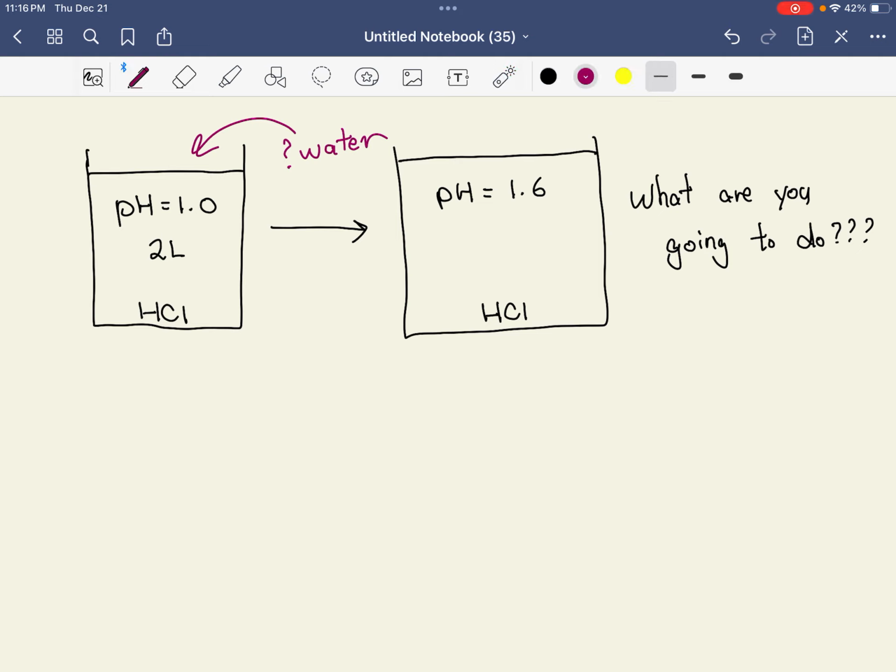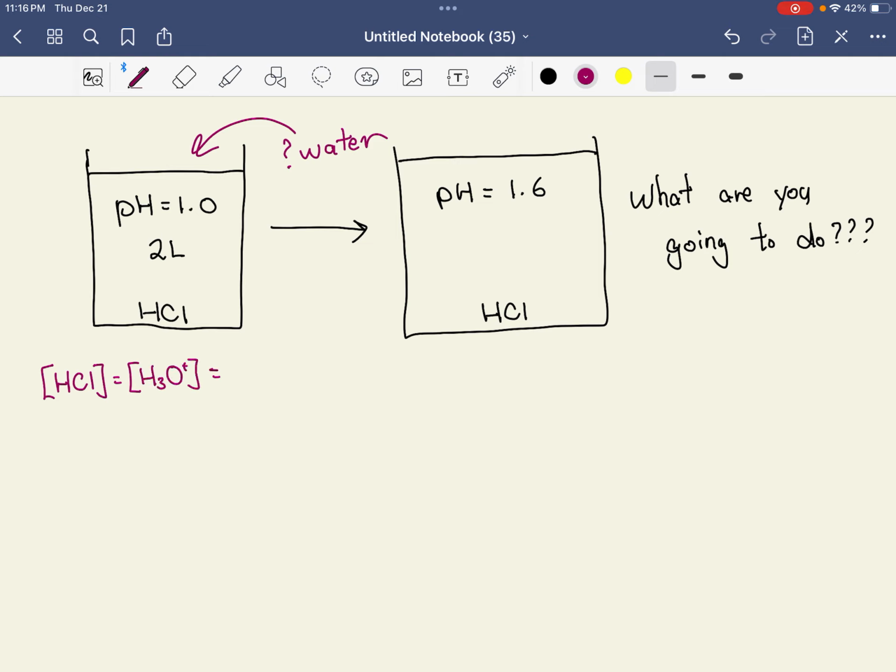First, to solve this, you might not want to look at this as a pH. Maybe you want to change this to concentration and change that to concentration. This will be original concentration. This will be final concentration. So let's change those pH into concentration. HCl concentration is really equal to H3O plus.